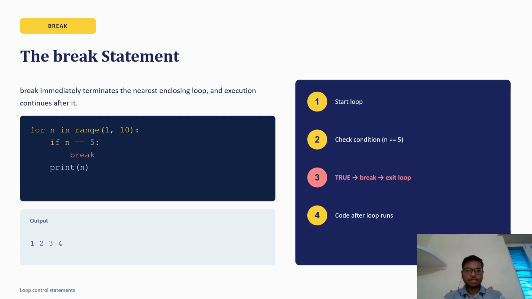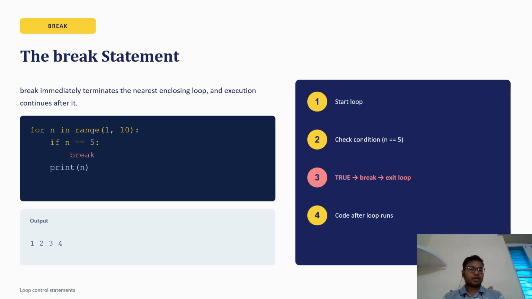Correct? Now there is a comparison operator, double equal to. If n == 5, when n becomes 5, the break statement will work here. What does it mean?